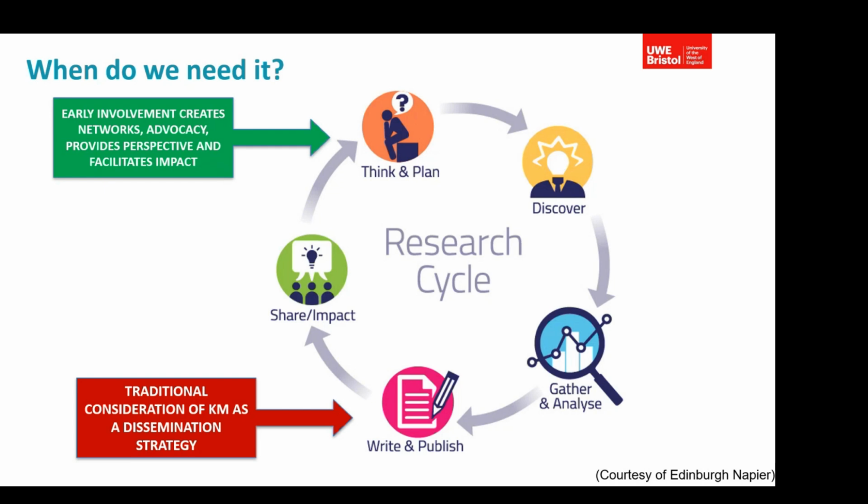It creates advocacy for our work and our projects, and it really helps us to provide different perspectives on our work and our ideas that eventually come together and really facilitate impact, because we've thought about these things earlier on, we've engaged with the right people, we've started to ask the right questions early on, that we can then build on throughout this whole research cycle to facilitate impact throughout the research and then certainly at the end as well.